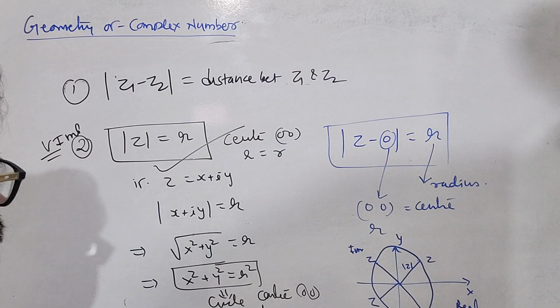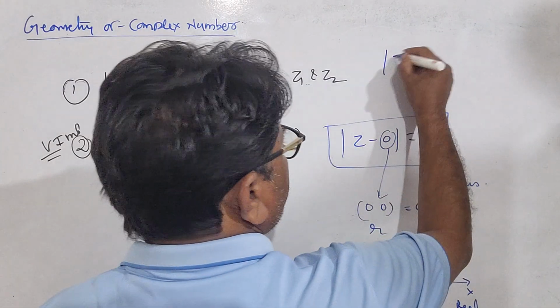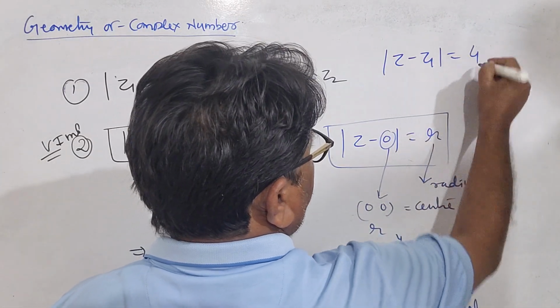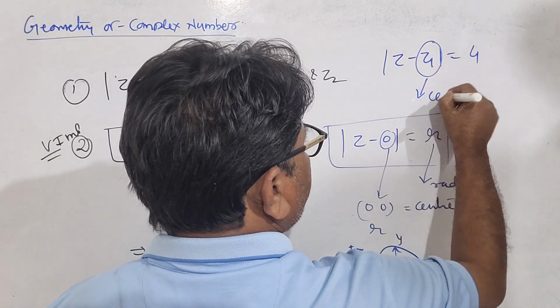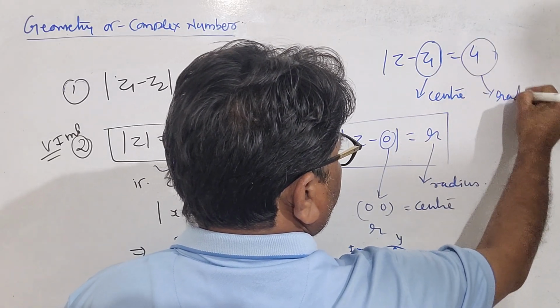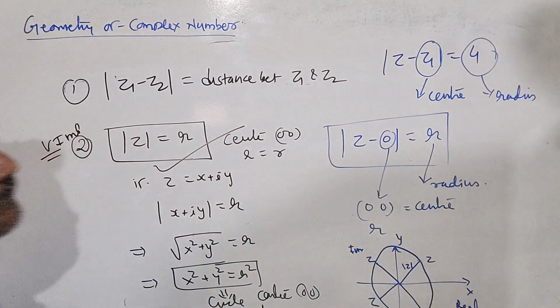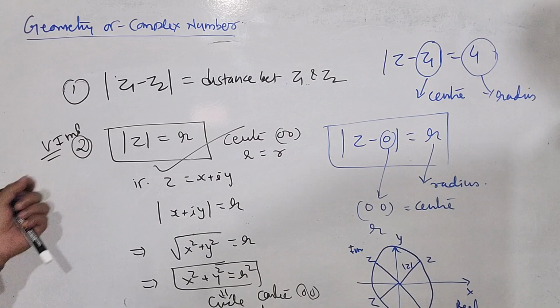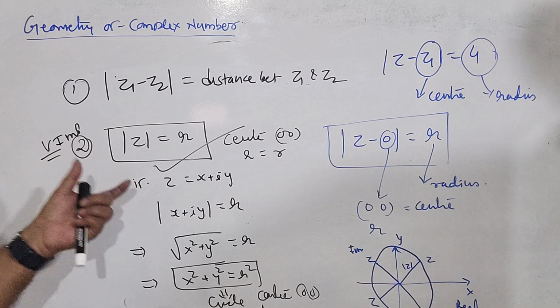Correct? So suppose I say that modulus of z minus z1 equal to 4. So this z1 is your center, this 4 is your radius. Okay, got it? Fine. So this is over now.